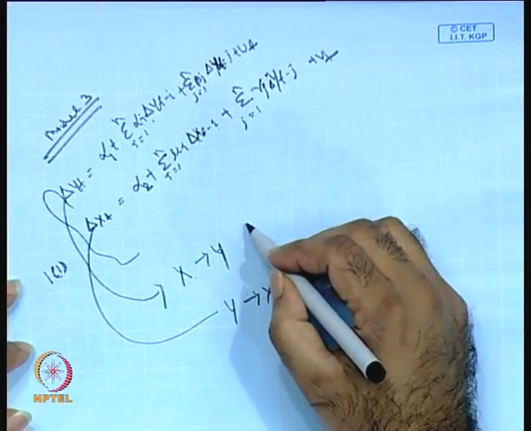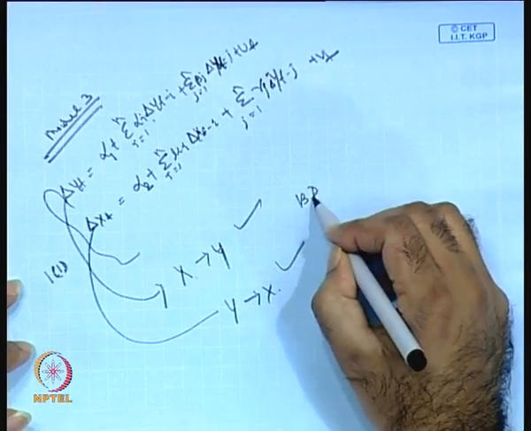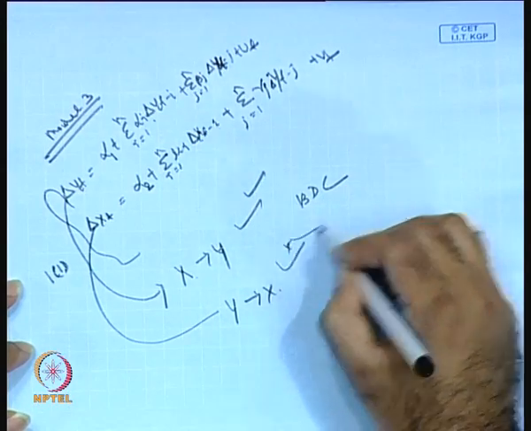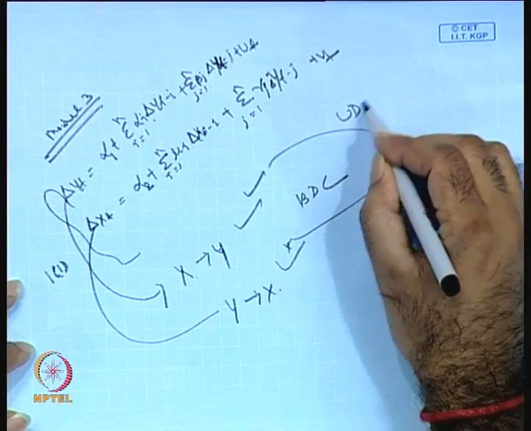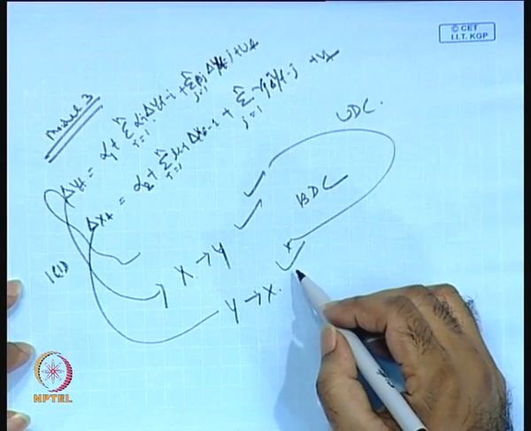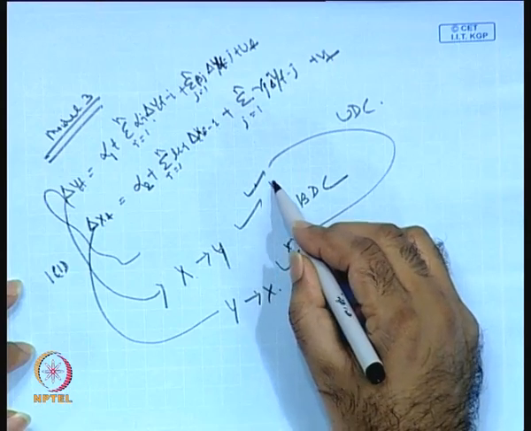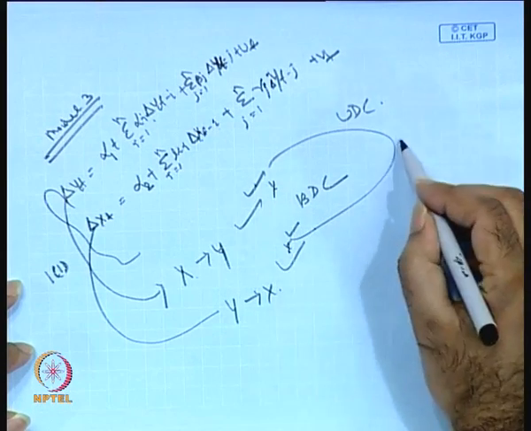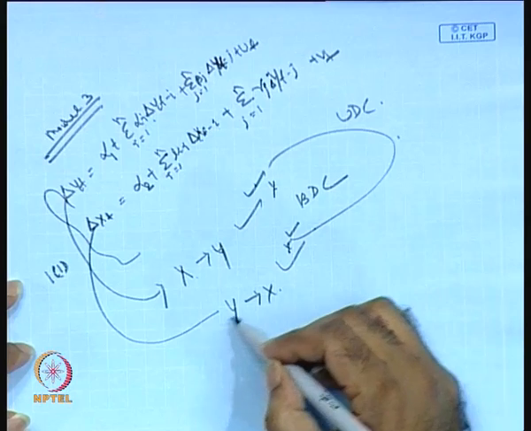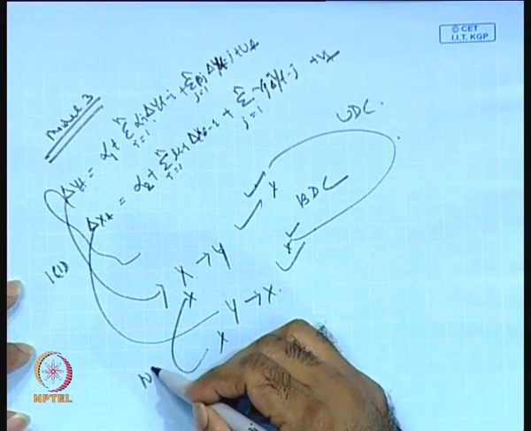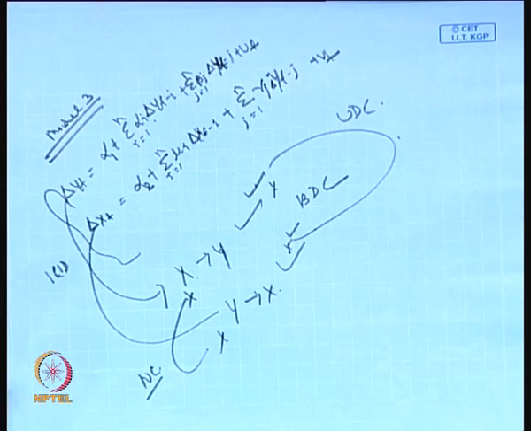So if both are true, then it is called bidirectional causality. If only one is true and the other is not, then it is called unidirectional causality. Either this is correct and this is not, or this is not correct and this is correct, it is called unidirectional causality. If both are rejected, then it is called no causality.